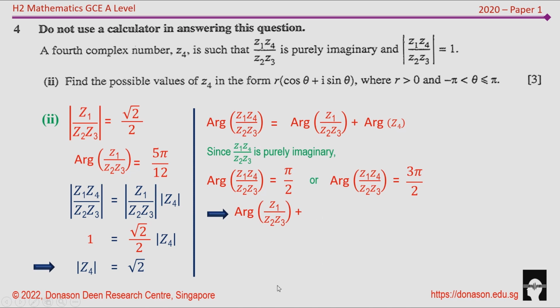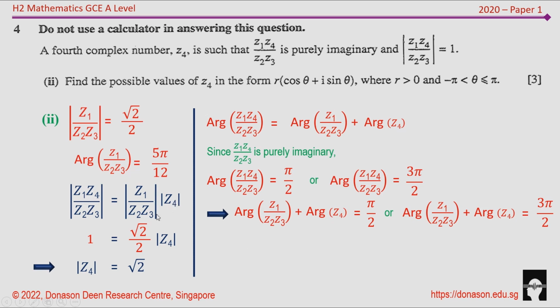Therefore now we can say argument of z1 over z2 z3 plus argument of z4 should be equal to pi over 2. If this is the case, we already have the argument of this, and we can replace it with 5 pi over 12 in the next step. But since we have an or here, let's do that part as well. Argument of z1 over z2 z3 plus argument of z4 should be equal to 3 pi over 2.